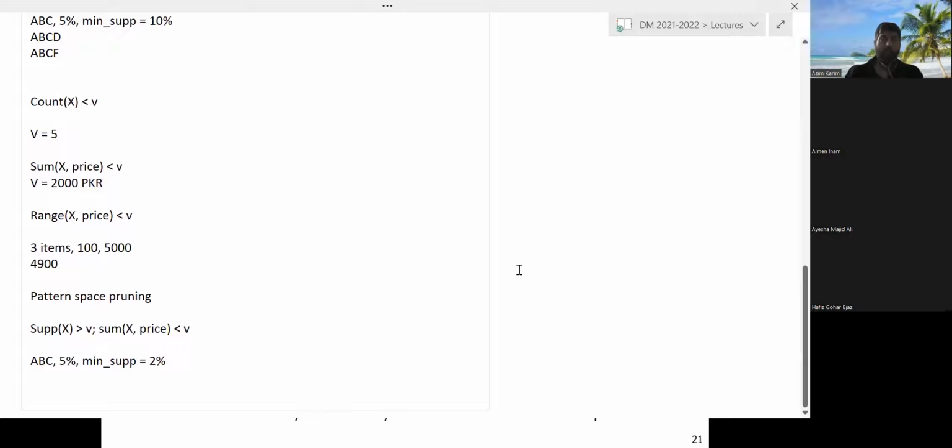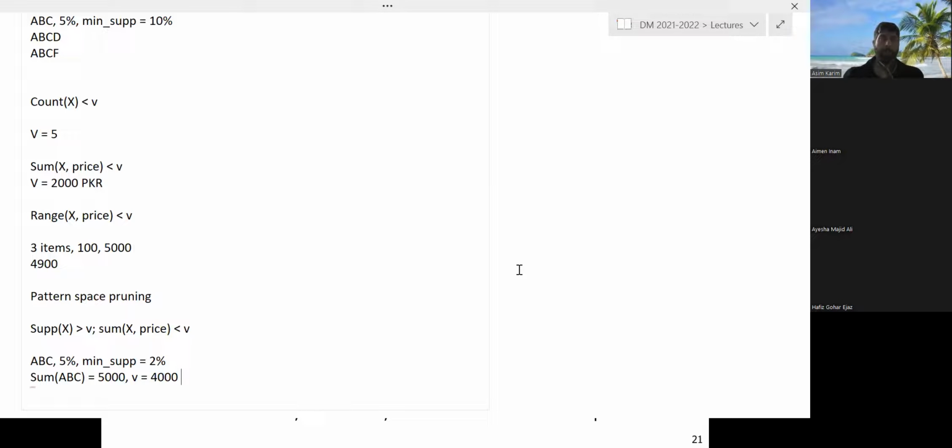But let's say the sum of ABC is, let's say, 5000, and the condition V for the sum constraint was, let's say, 4000. So it means that it violates this constraint. So obviously you should prune this out because future or higher lengths of this pattern will also violate this constraint.